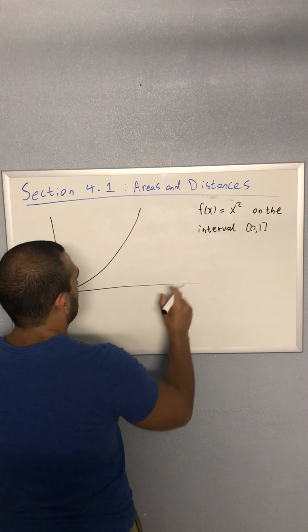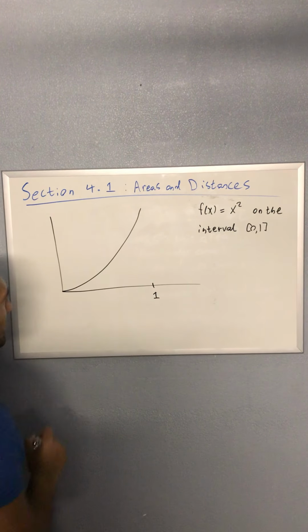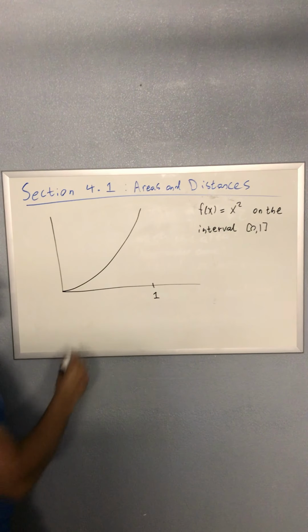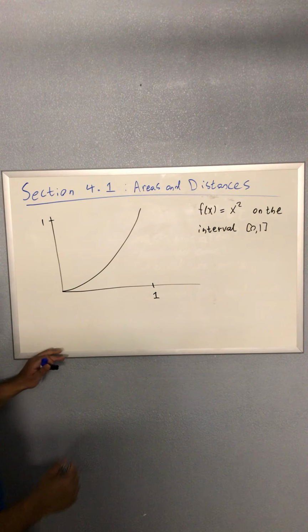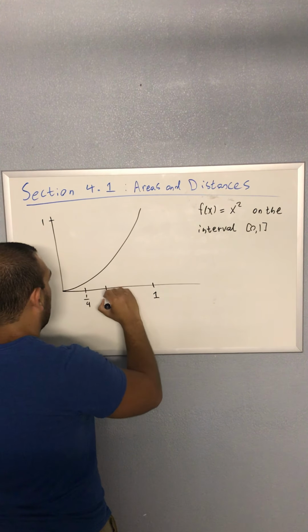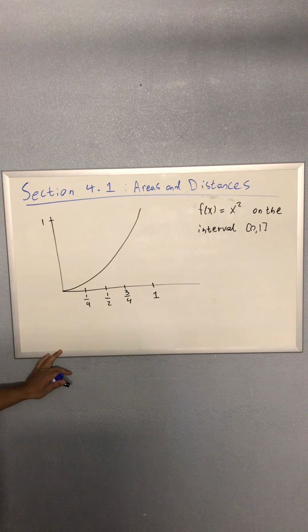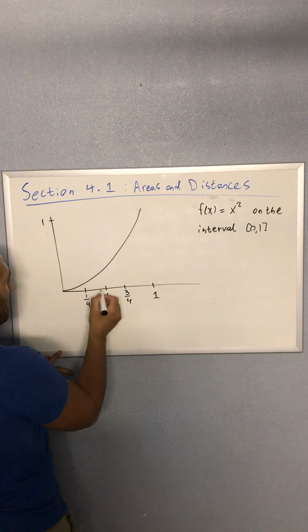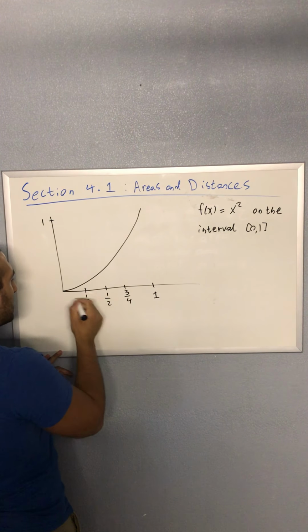So this is going to be f of x equals x squared on the interval 0 to 1. Okay, so we're just looking at a small chunk of the parabola. And it's not the left half, just from 0 to 1. So here's 1, the output here is 1. And we can break this up. We can say that this is a fourth, this is a half, this is 3/4, all the way up to 1, and then, maybe it's worth it to put the output. So if you square 1/4, you get 1/16.